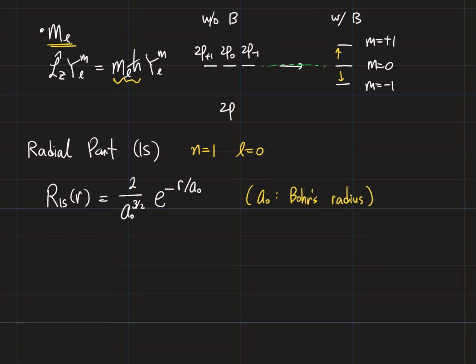Even though there is no orbit in nature, his insight is quite impressive. And the a0 derived from quantum mechanics is actually equal to the Bohr's initial radius. So we give the name to this constant as the Bohr radius.